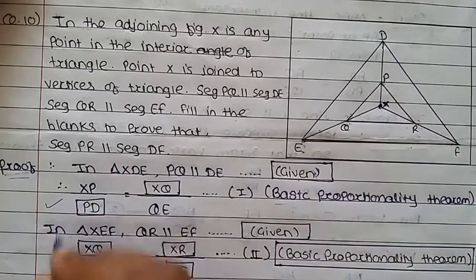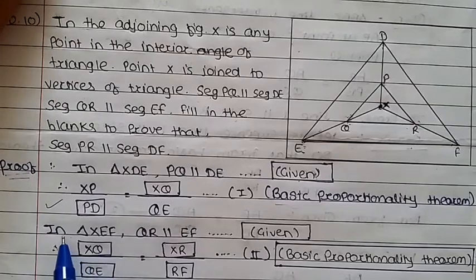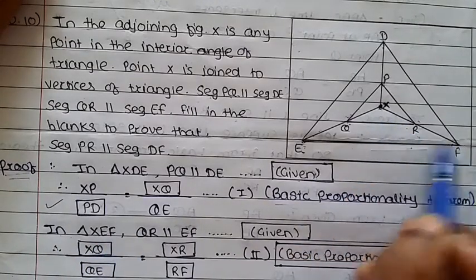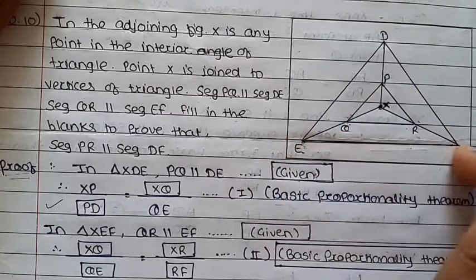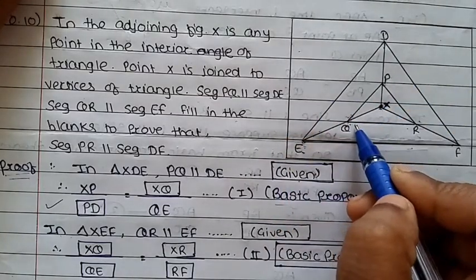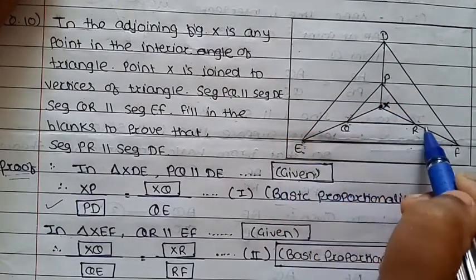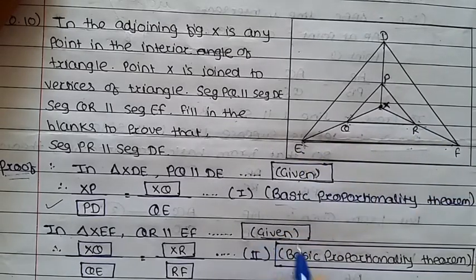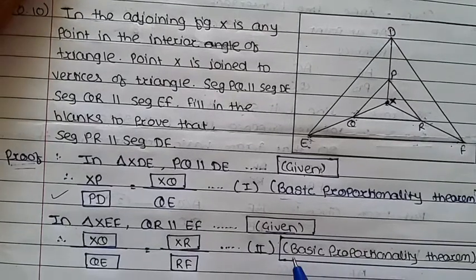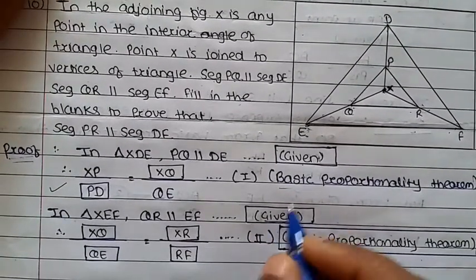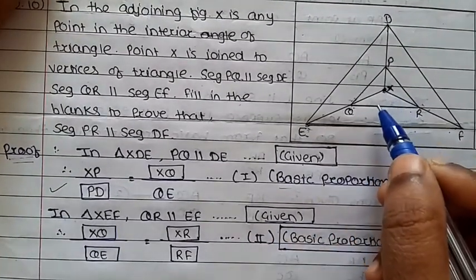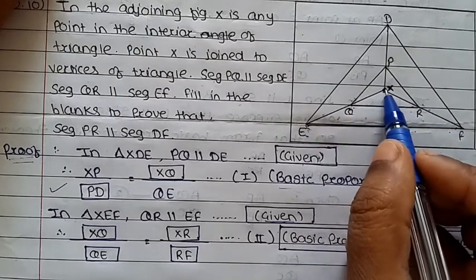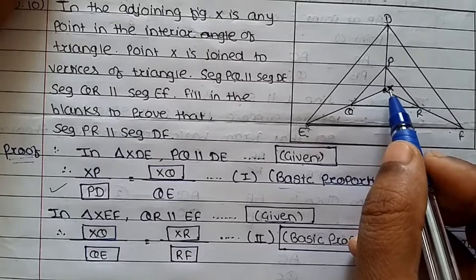Okay, understand this step? Now next, in triangle XEF, which one? XEF, this one, XEF. So which two lines are parallel? That is QR parallel to EF. Okay, this is given. So now next, when QR is parallel to EF, then what is the relation between the other two sides?